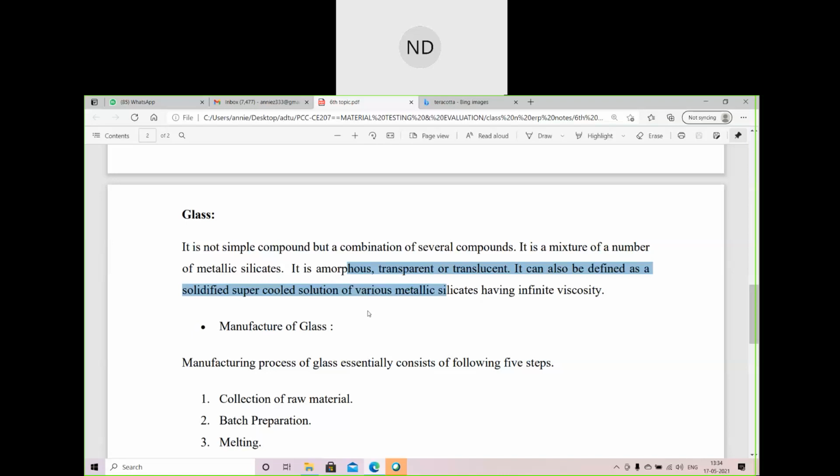Most important is silica, but after that it depends on what you use, whether it is simply a recycled one you have mixed and you don't know the different compounds. Based on that your quality will depend. If you use more silicon dioxide, or if your silica is less, then your glass may not be of good quality, and based on that your price will also depend.